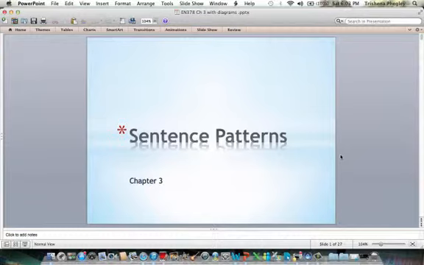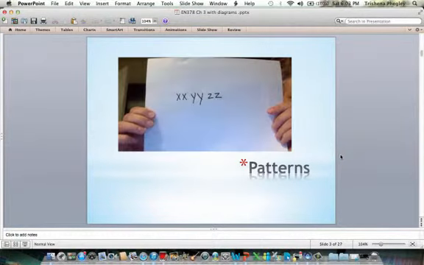Okay, and if we think about what a pattern is, it's something where it consistently happens, like the example in the picture, X, X, Y, Y, Z, Z. When I was giving the example sentences, and we were talking about how they would be diagrammed, there were some questions about the sentences that I had as examples being different than the sentences in the book.